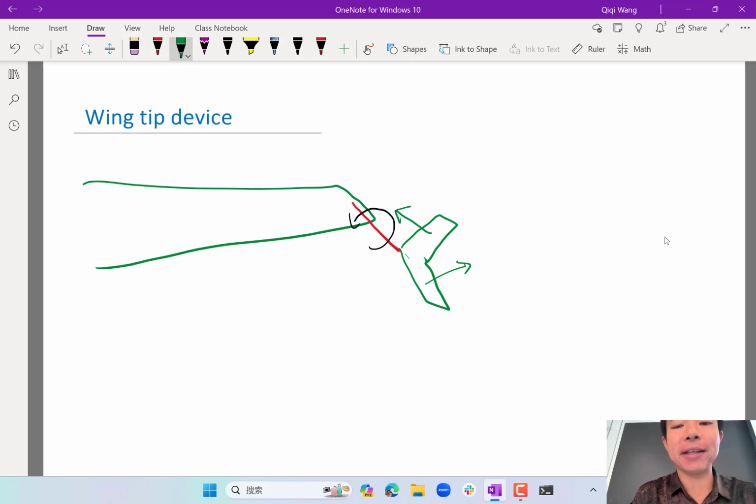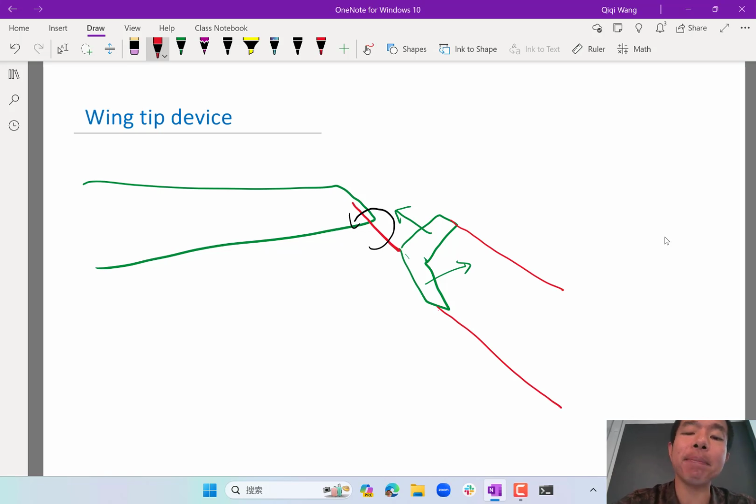As a result of this, what are the vortices coming out of the winglet? There is one wingtip vortex over here, one wingtip vortex over here, and because the lift changes sign, there is another vortex coming out from here, right?